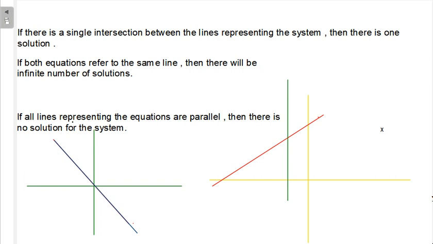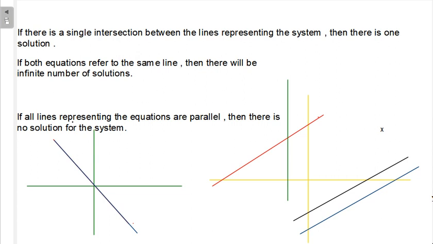The last case is when, for example, both lines in the system are parallel like this. They are not intersecting at any point, so I can say the system is inconsistent and has no solutions at all.